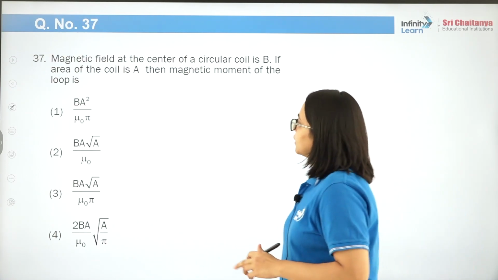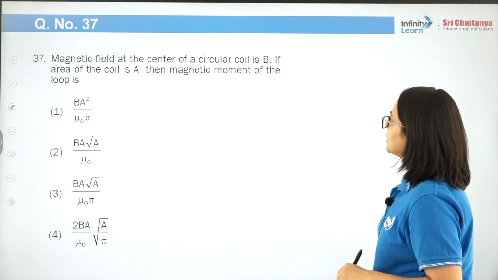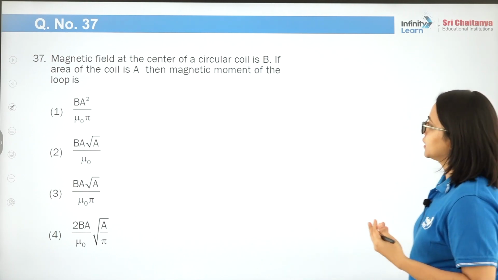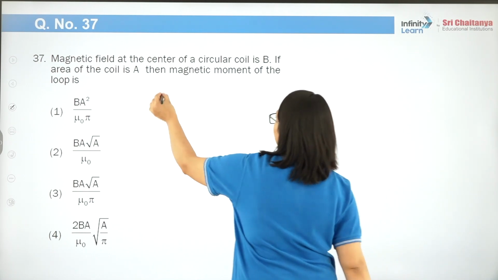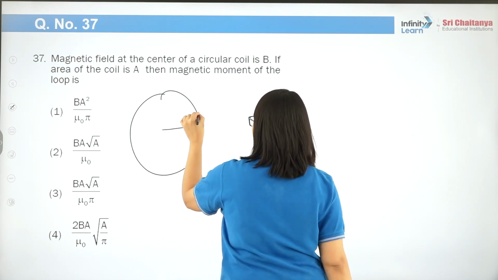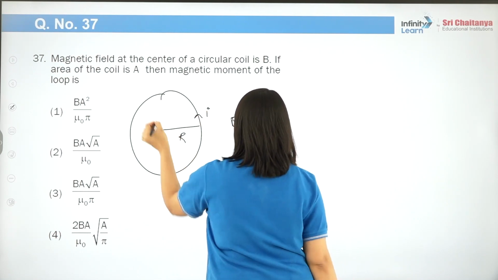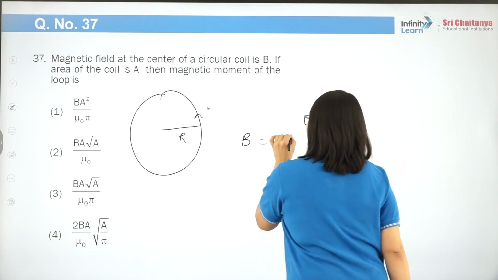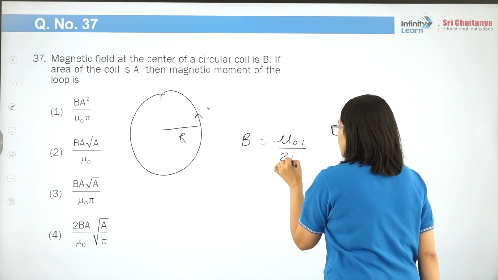Next is question number 37. We have the magnetic field at the center of a circular coil, which is B. Let's say I is the current, r the radius, and B is equal to mu naught I upon 2r.